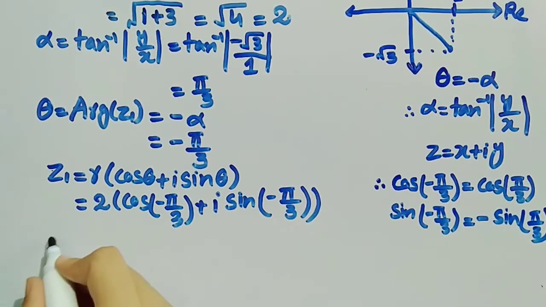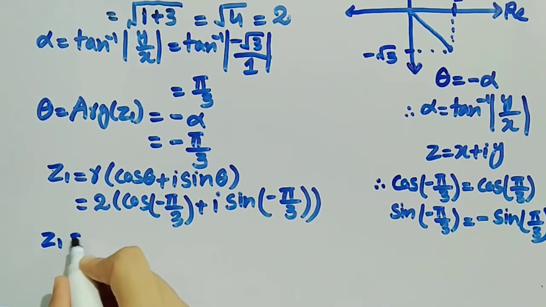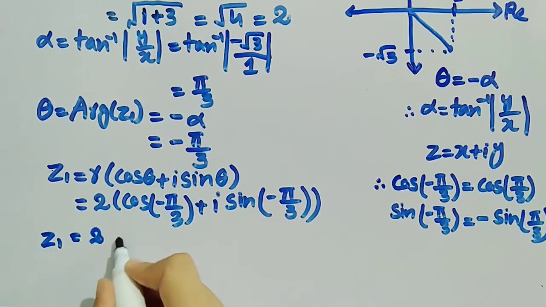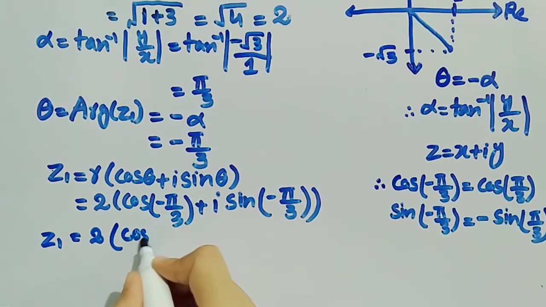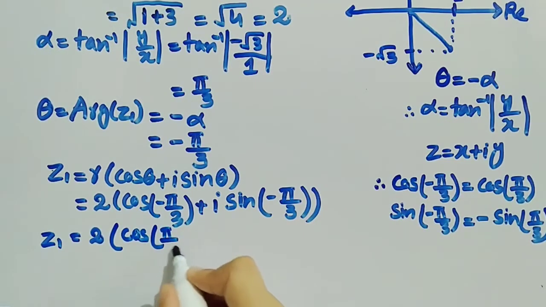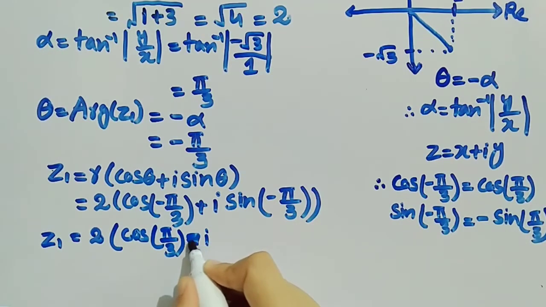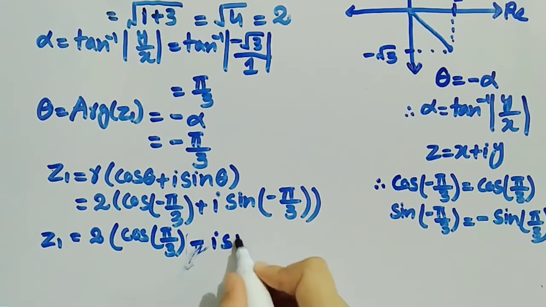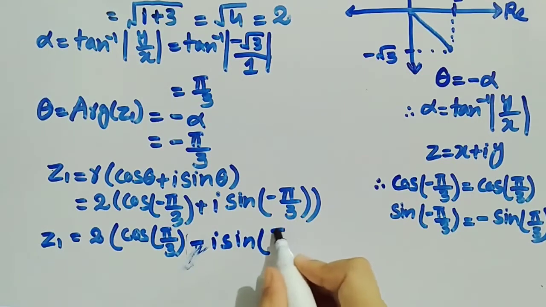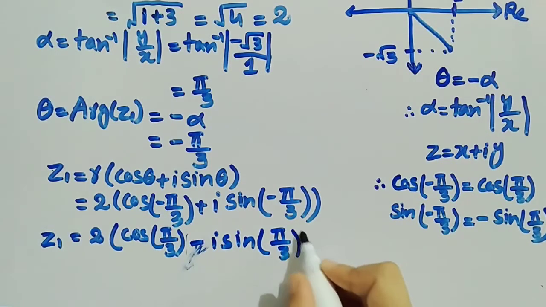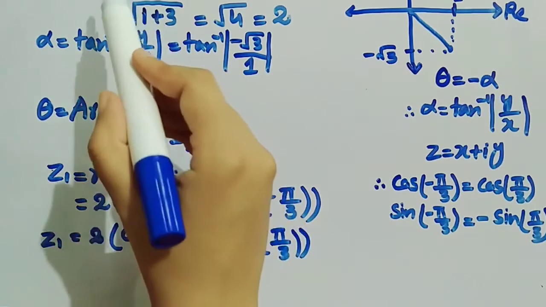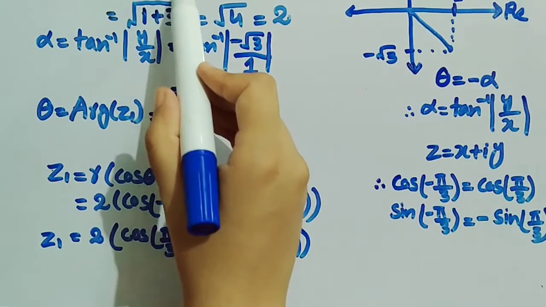So these equations become z1 is equal to 2 (cos pi by 3 plus iota, here this will be the negative sign, minus iota sin pi by 3). So this is the polar form of the complex number z1 equal to 1 minus iota square root 3.